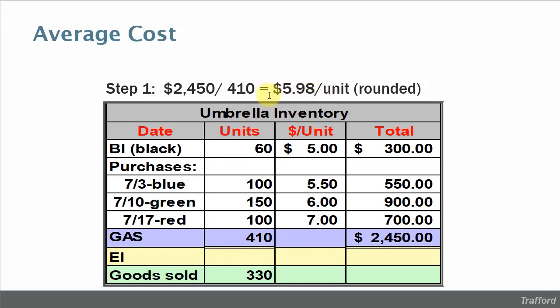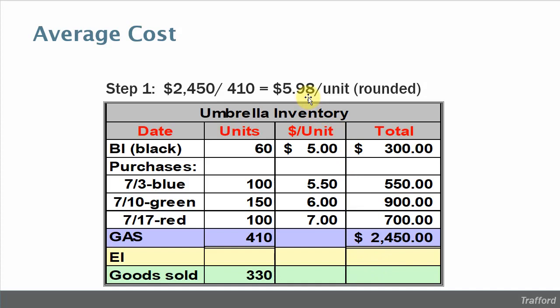You don't want to round this number too much, or you will lose accuracy. If you round at all, and I did here, you're introducing a little bit of rounding error into your computations. So at the end, you just want to make sure that you round such that total cost of ending inventory and cost of goods sold add up to $2,450.